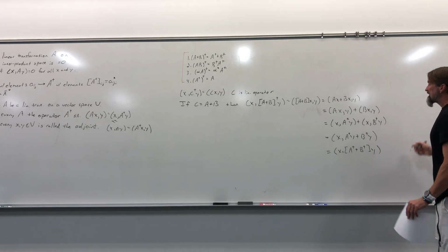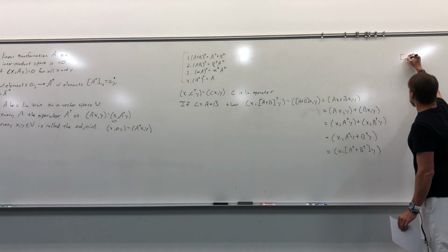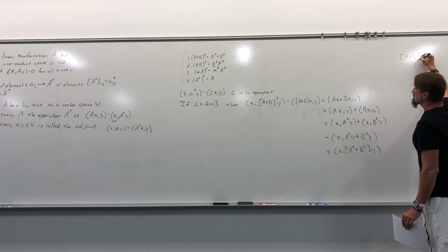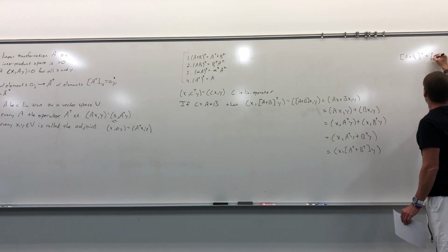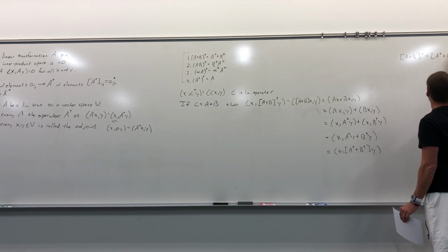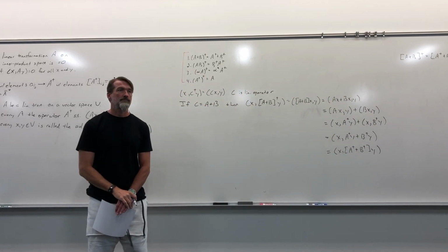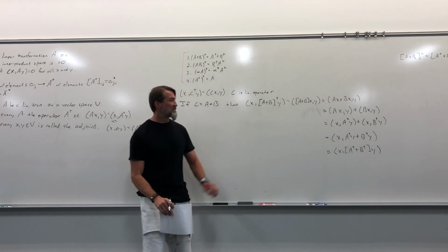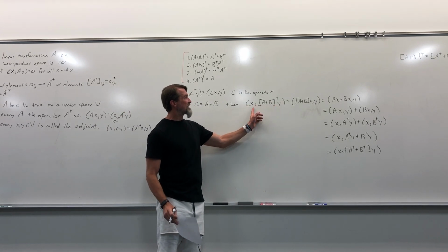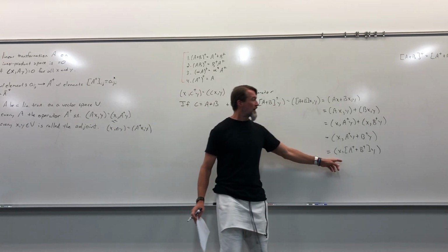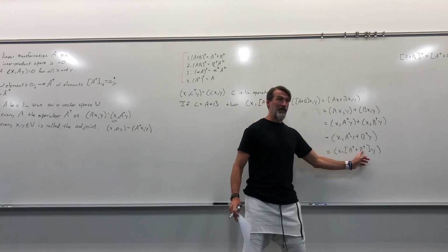Now, at the end of this, does this tell me that (A plus B) dagger is A dagger plus B dagger? I mean, that's a bracket, that's a bracket, that's an x, that's a y, there it is.